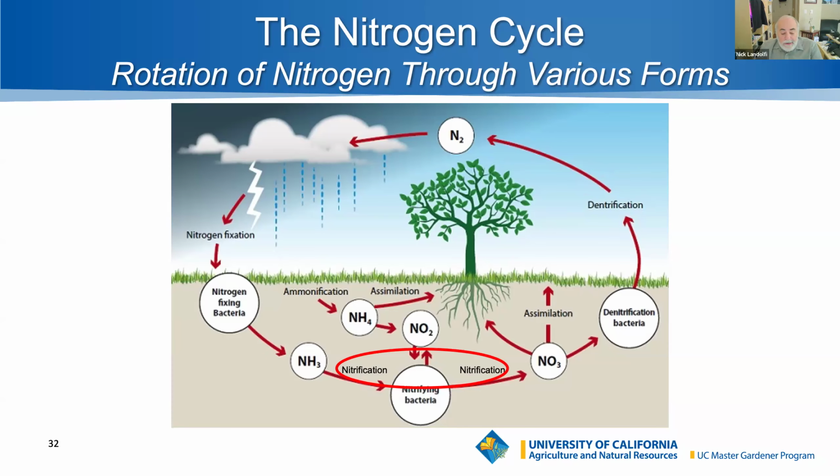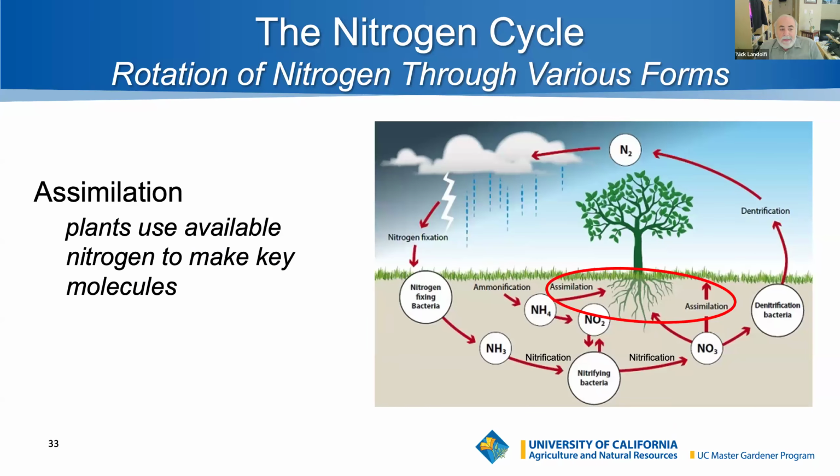Now, there are 3 additional reactions in the nitrogen cycle, and I will not go into detail, but I do want you to be aware of these, so I will just define them quickly. Assimilation is the process by which plants use available nitrogen to make key molecules the plant requires for growth and development, such as amino acids and DNA.